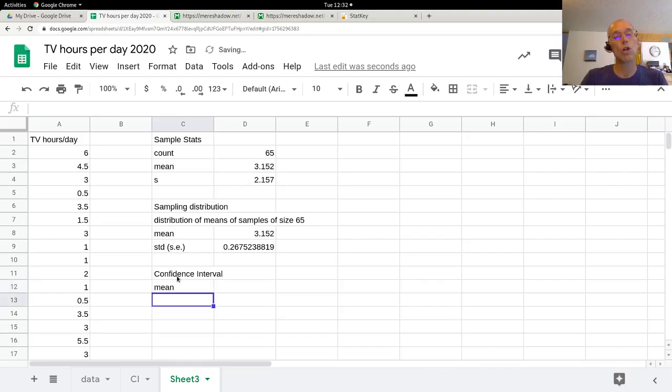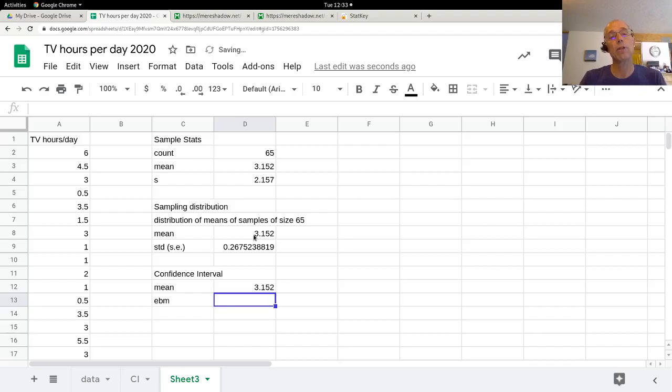And I need to know what the standard error is, which I have above. I also need the error bound on the mean. The center of the confidence interval is going to be the center of the sampling distribution, which is the center of my sample, according to the average.